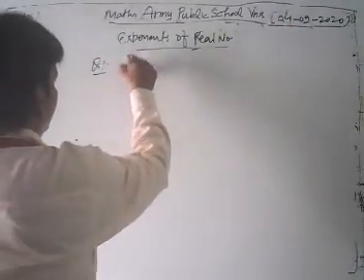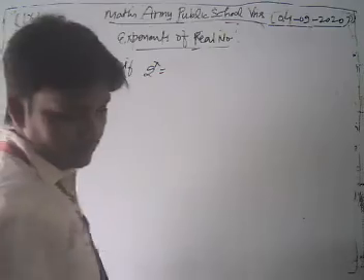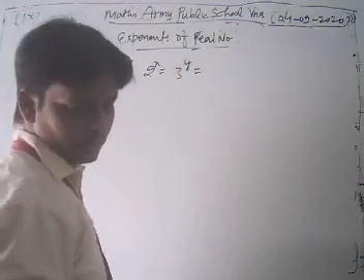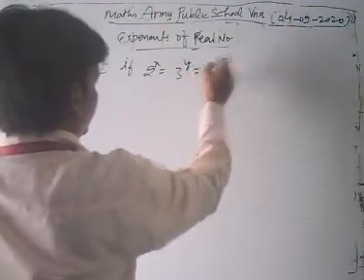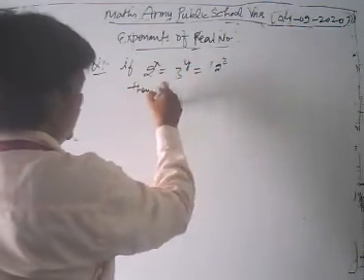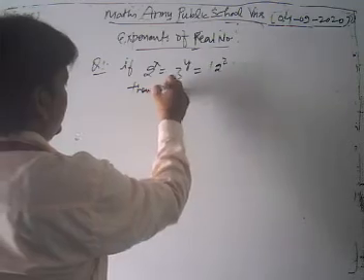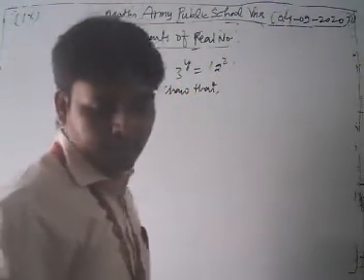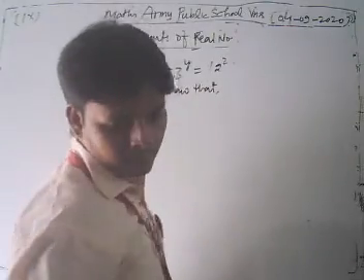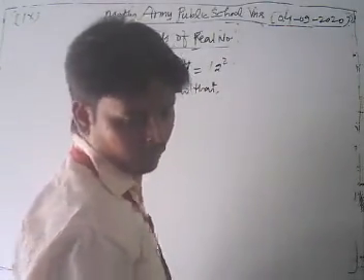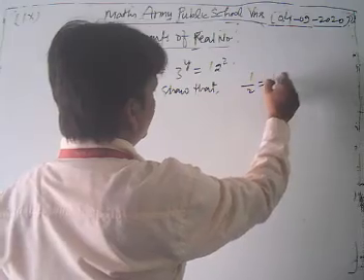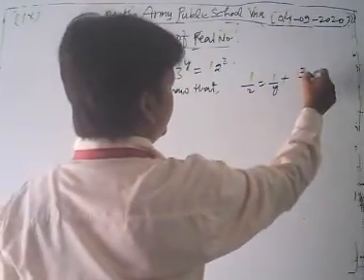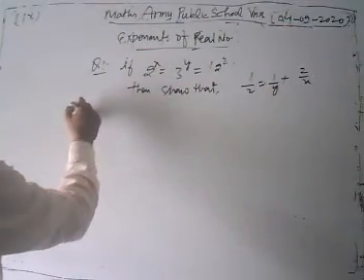If 2 power x equal to 3 power y equal to 12 power z, then show that 1 upon z equal to 1 upon y plus 2 upon x. Now let's see.